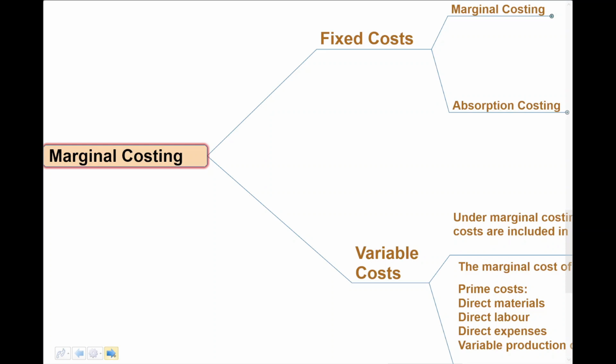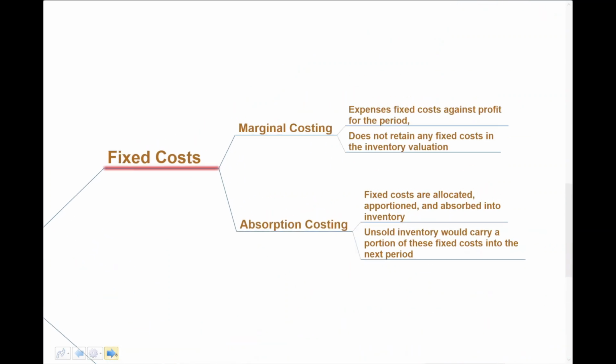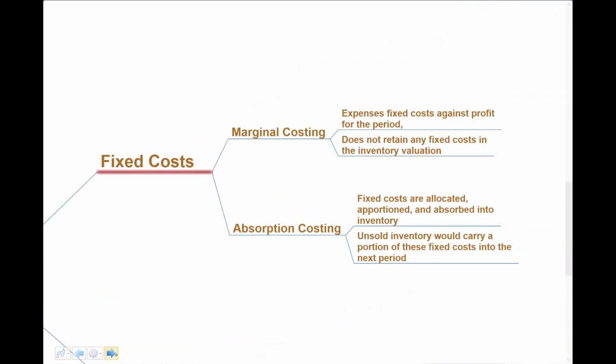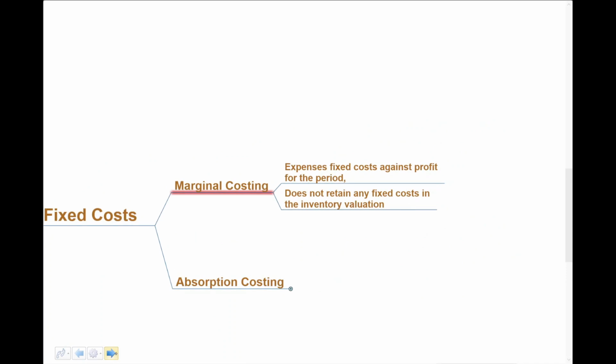And this, again, is the type of thing that the examiner will target. What's the difference between marginal costing and indeed absorption costing, which is better in this situation, etc. So when we think about fixed costs with the marginal costing approach, as we've said, the fixed costs are charged against profit for the period. So it expenses fixed cost in that period, in that month, in that quarter, in that year.